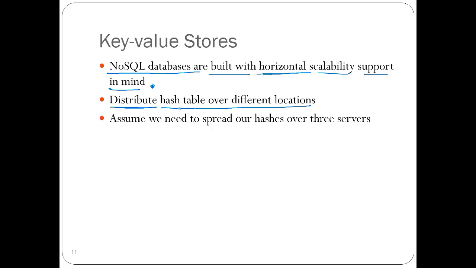All right, so if our single computer was not capable, let's think about a more horizontally scaled system, where in place of 1 server, now we have 3 servers. All right, so now let's look into how our hash table will handle that.